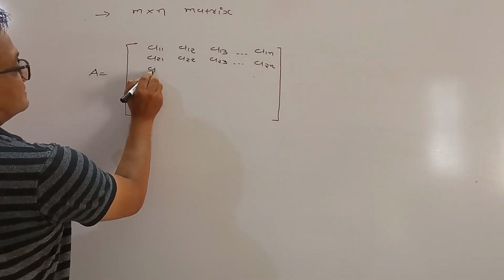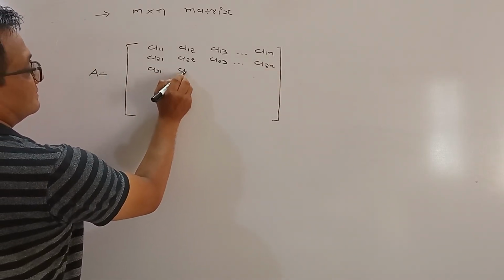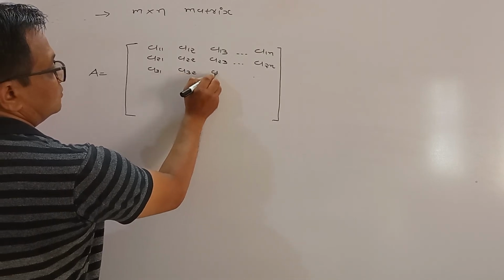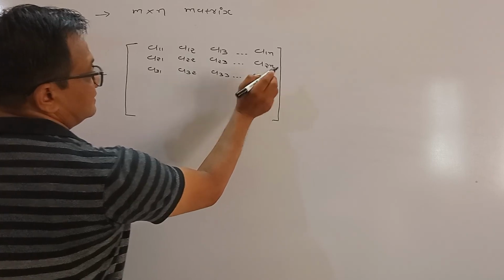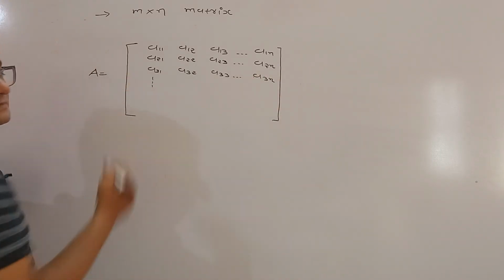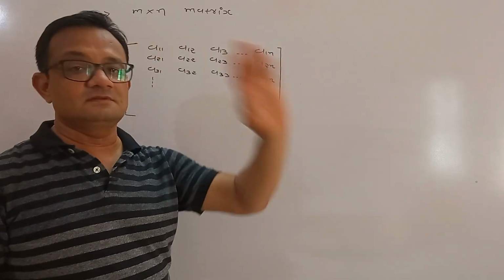Same as a31, a32, a33 up to a3n, and go up to the mth row.